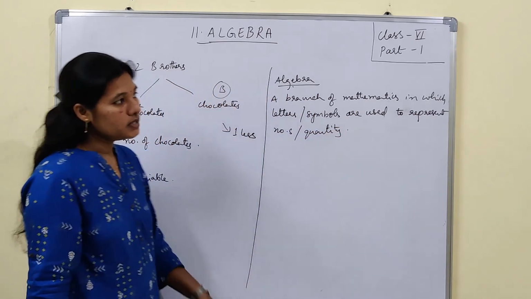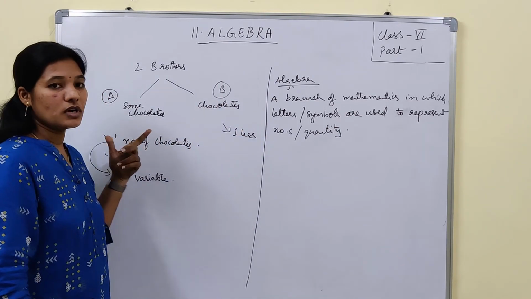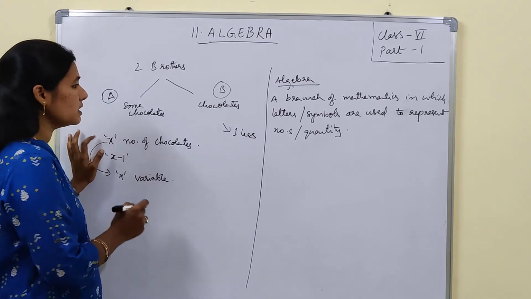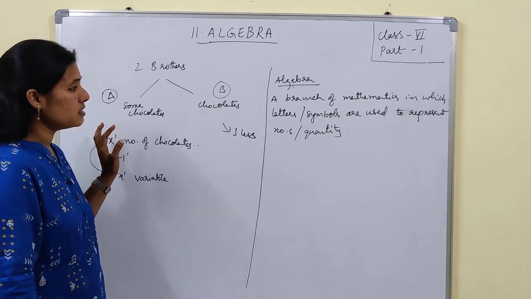That is what we did here. The number of chocolates we assumed as x, and this x is nothing but an alphabet. We can use alphabets or symbols.